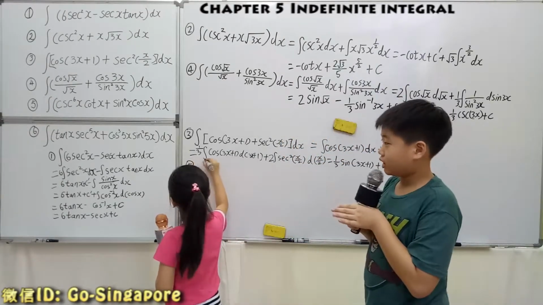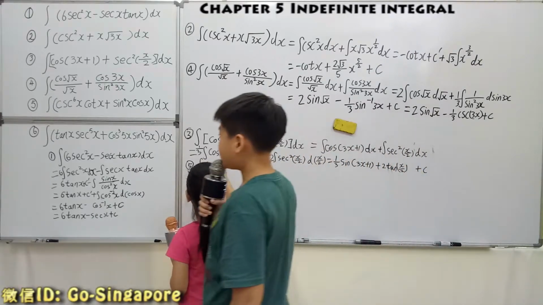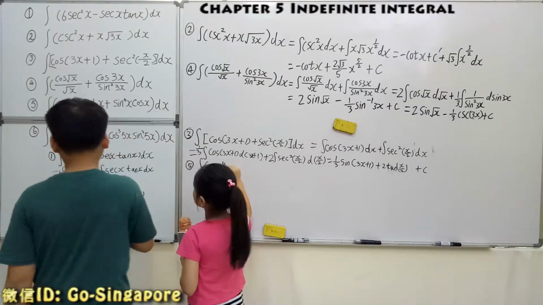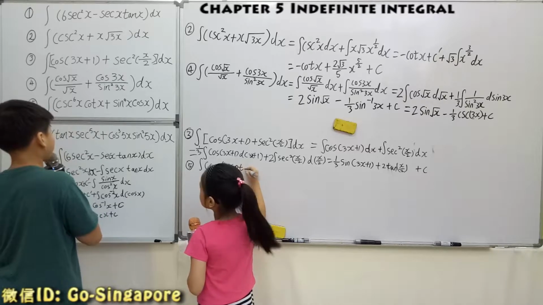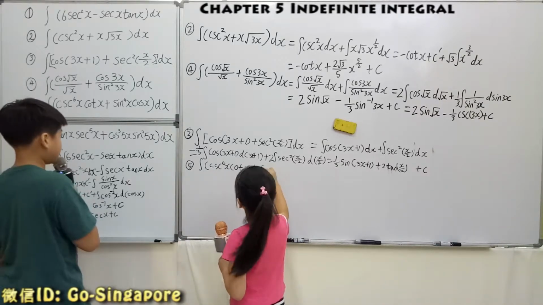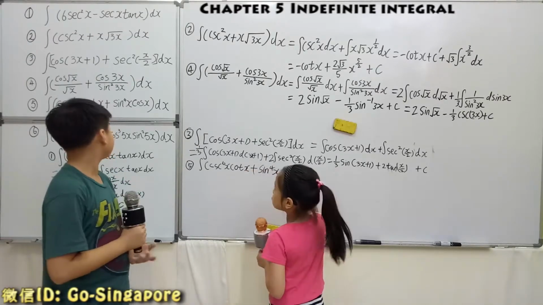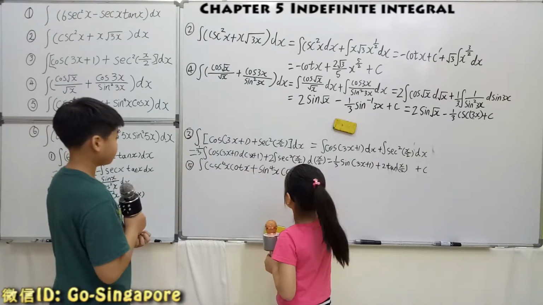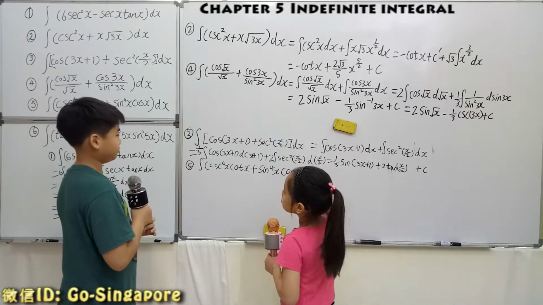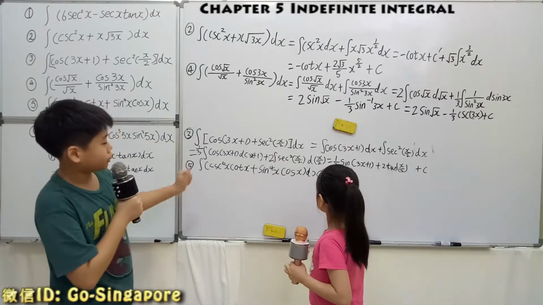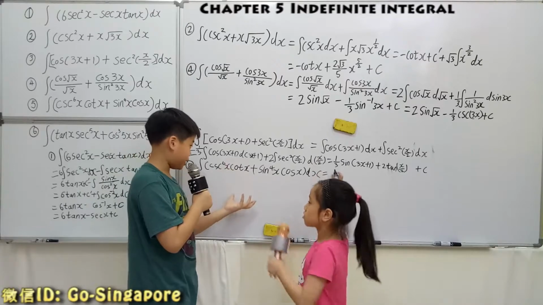Question 5 is the integral of the bracket cosecant to the power of 6x cotangent x plus sine to the power of 4x cosine x, bracket, dx. Okay, so for this question, similarly, we also separate, right?